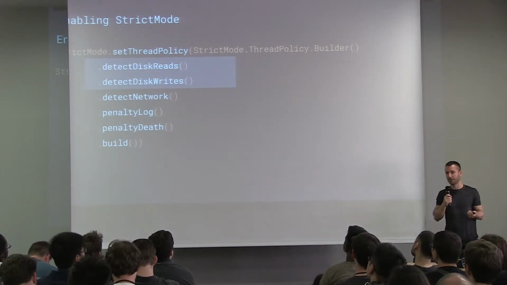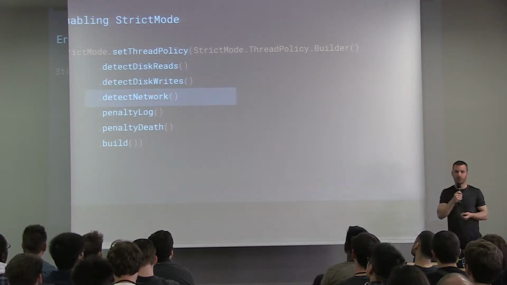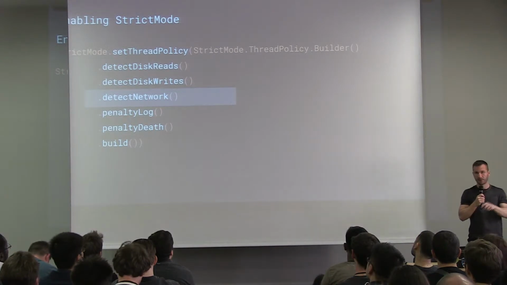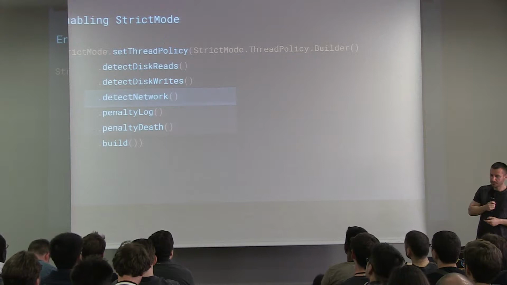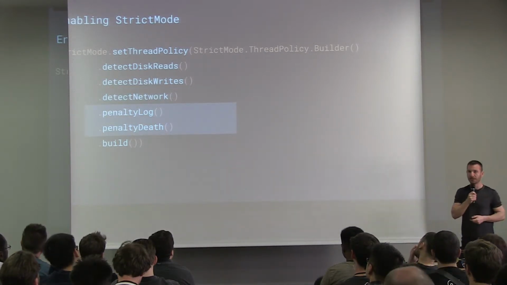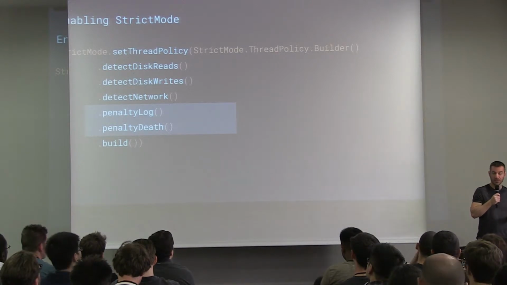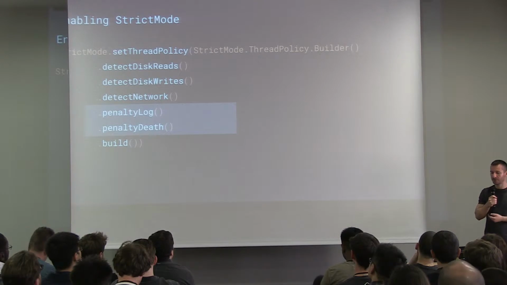That would deal with our shared preferences issue, right? And then I want to detect network calls that happen on this thread. We're setting a thread policy on the main thread. And then I want strict mode to tell me in the logcat whenever I do those things. So if you detect disk reads, disk writes, and network, show me a log.